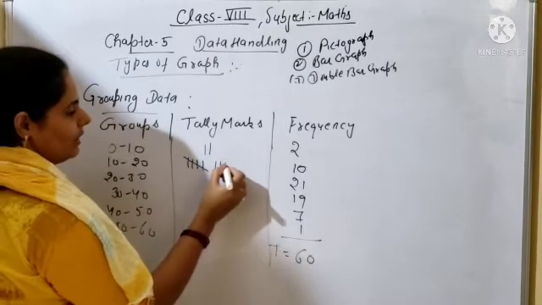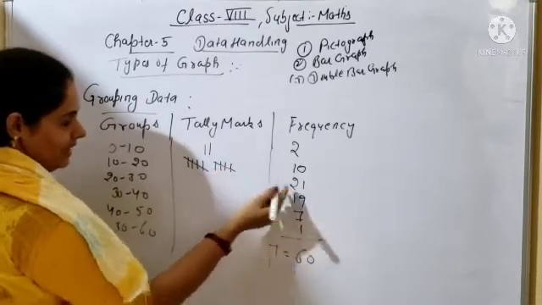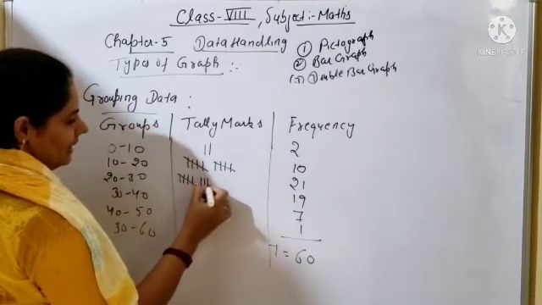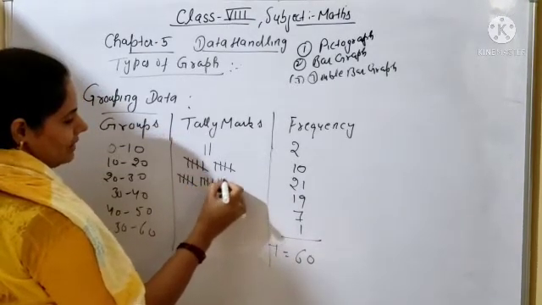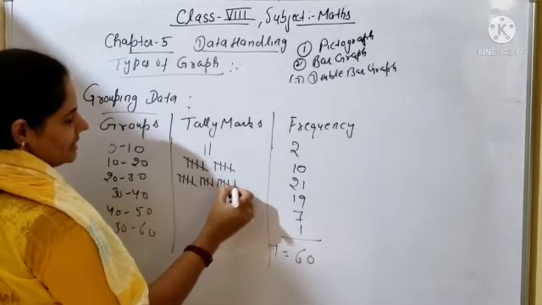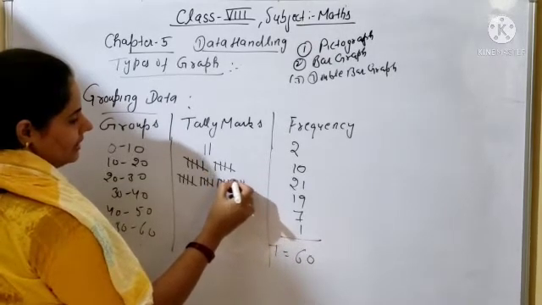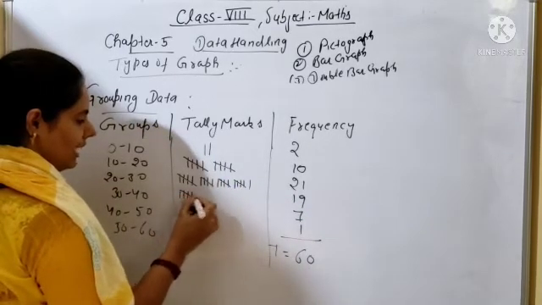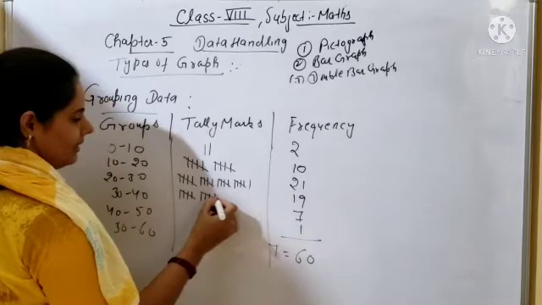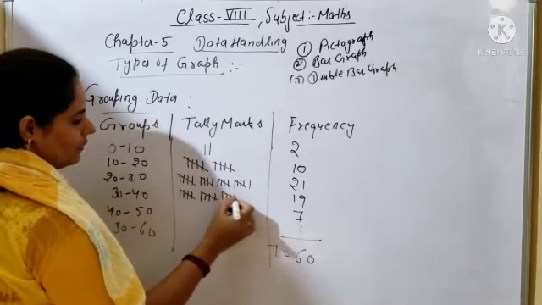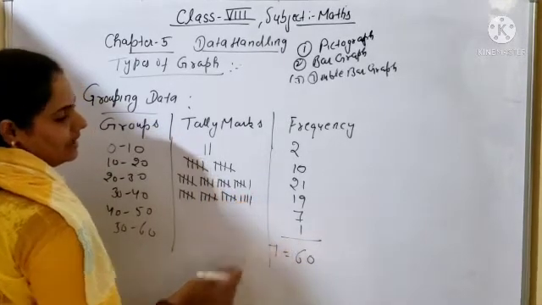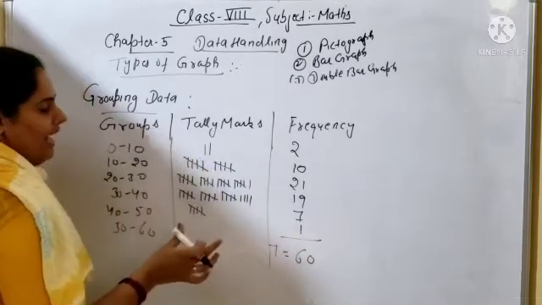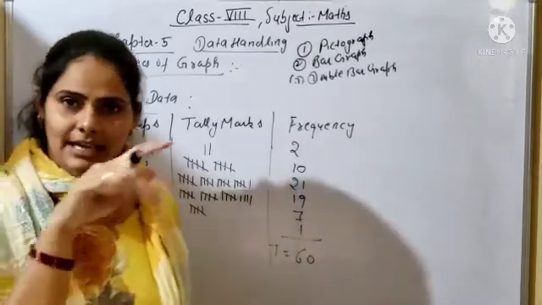After that again 5, so 5 and 5 make 10. 21: 1, 2, 3, up to 20 and 21. 19: 1, 2, 3, up to 19. 7: 1, 2, 3, 4, 5. Here 5 you will represent as simply 4 lines and 1 crossing.